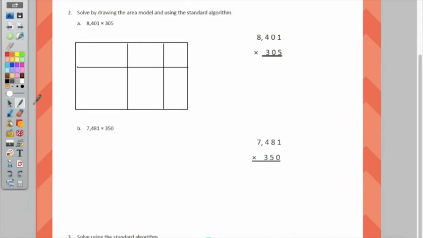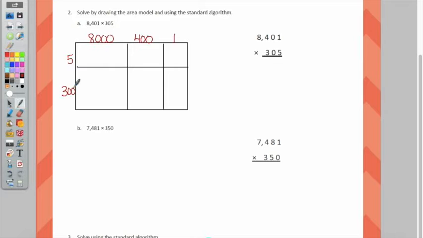Okay? Now let's set up the area model. Some simple mistakes to avoid are copying this down incorrectly. That can be avoided pretty quickly, can't it?